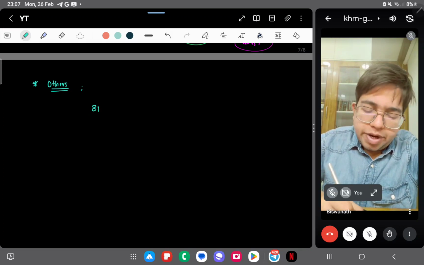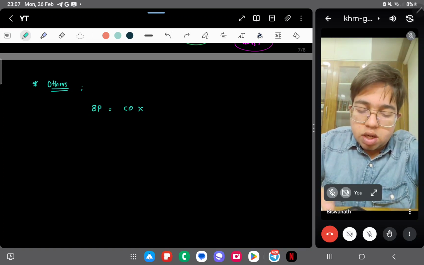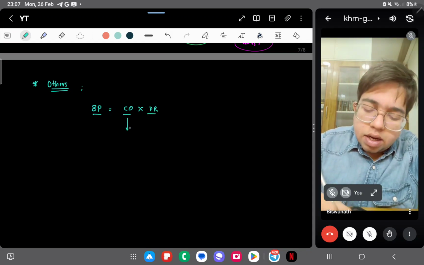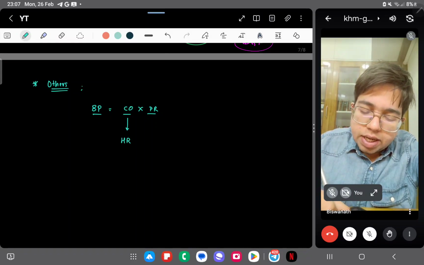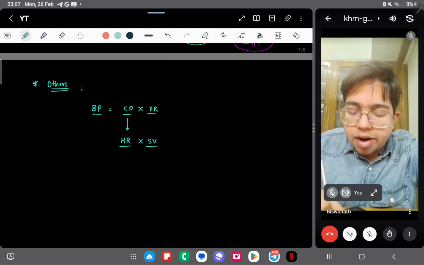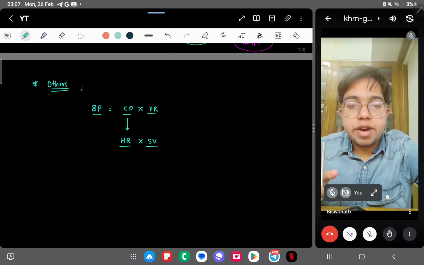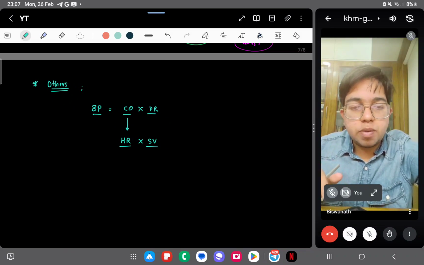If you don't know, let me tell you. BP is equal to CO into PR, sorry, cardiac output into peripheral resistance. And cardiac output in turn, we have formulas. Cardiac output is HR into SV, that is heart rate into stroke volume. So blood pressure is cardiac output into peripheral resistance, and this cardiac output in turn is heart rate into stroke volume.